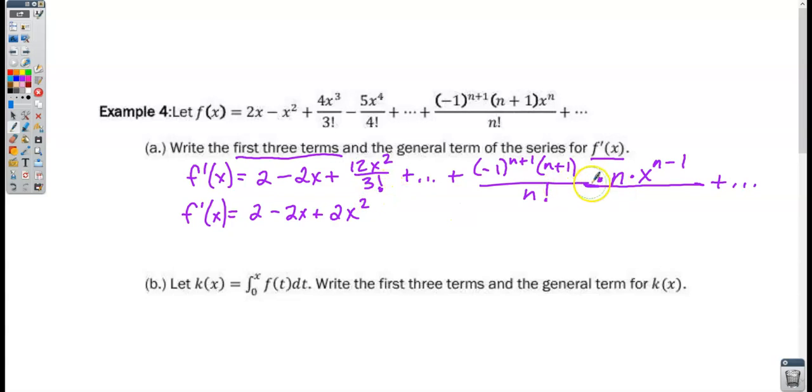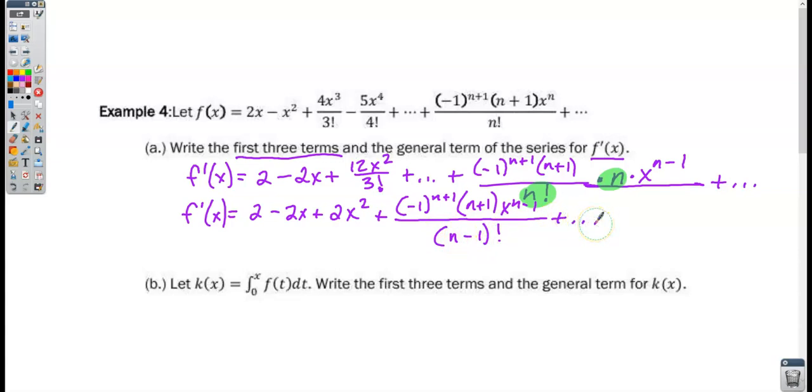And then here, this n can cancel out with an n from n factorial here, and this turns into negative 1 to the n plus 1 times n plus 1 times x to the n minus 1 all over n minus 1 factorial.